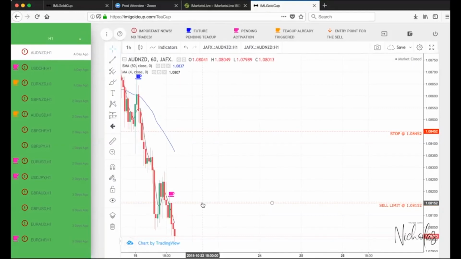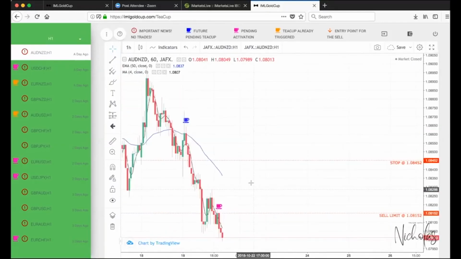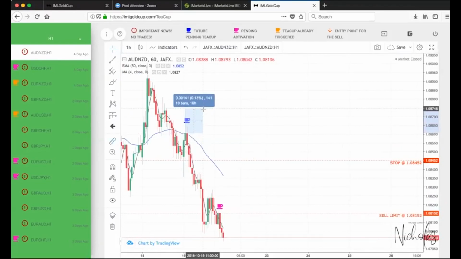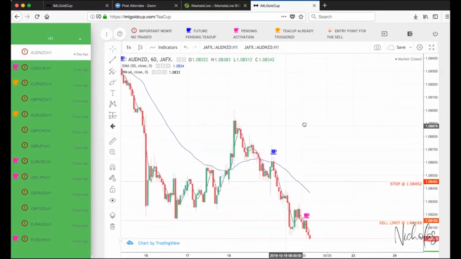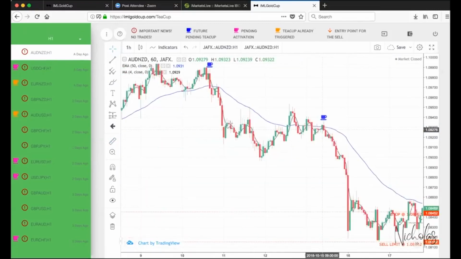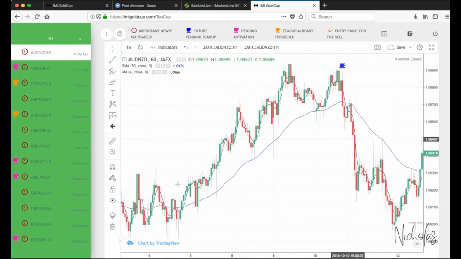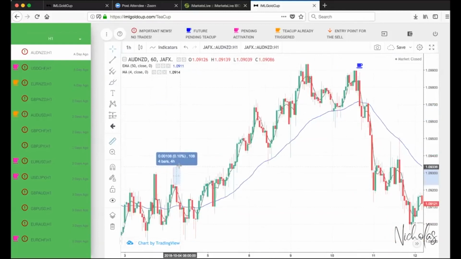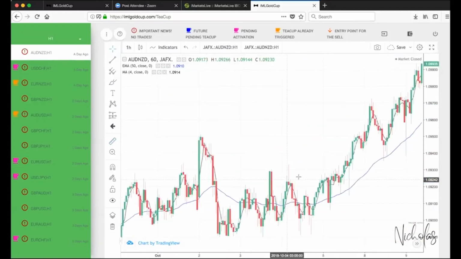Now, mind you, also remember that if a wick is over 15 pips, this one isn't, but if you find a wick that's over 15 pips, let me find one. Is this one over 15? That's 10.